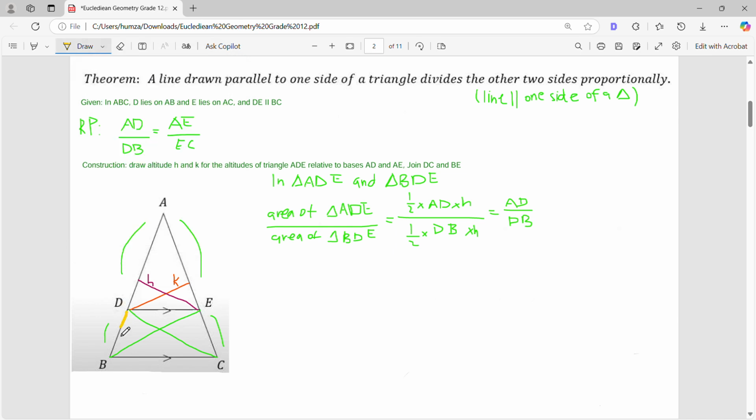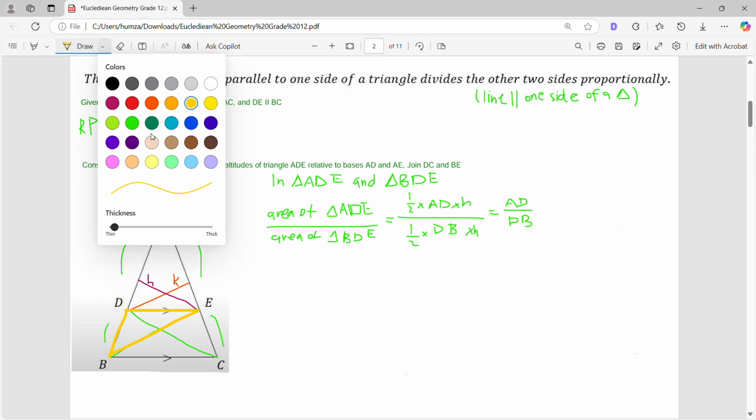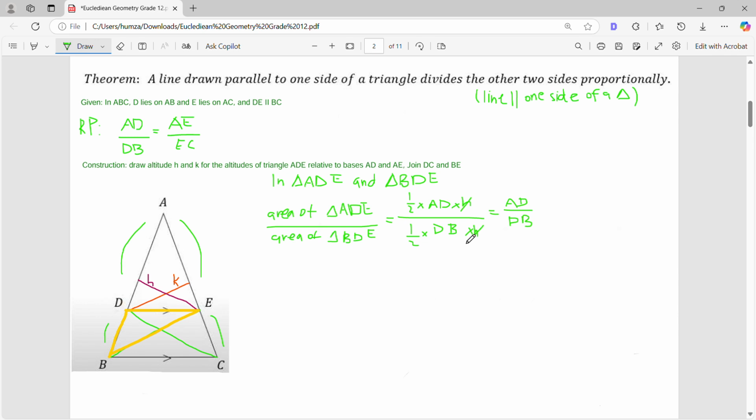So we are also looking at this yellow triangle. I'm just going to highlight it for you, so you know the things we are looking at now. Now the next step, half and half cancel and H cancels, and that's why we are left with the ratio AD over DB.